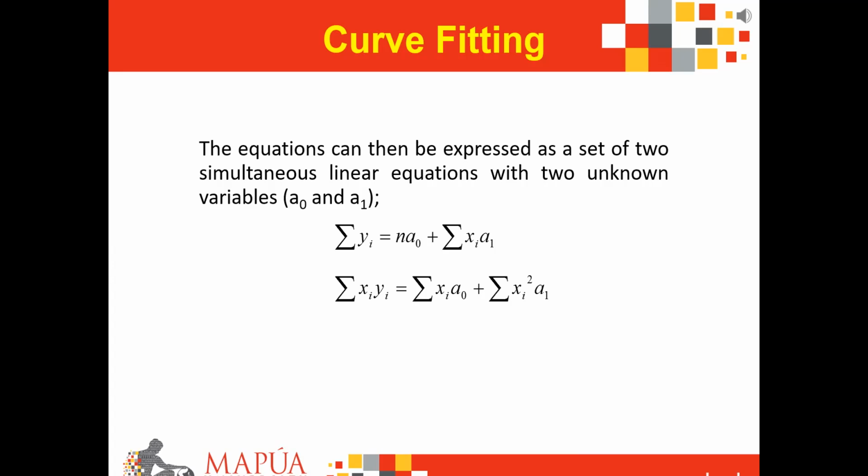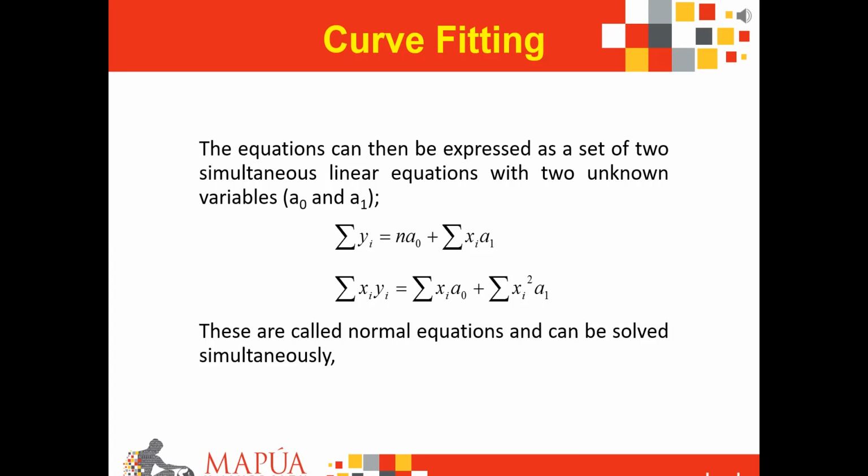And at this point, you could actually use your calculator in order to solve for the coefficient values of A0 and A1 by simply typing in these different summations and n onto your given system of linear equations. Or you could apply substitution or elimination in order to solve for variables A0 and A1.